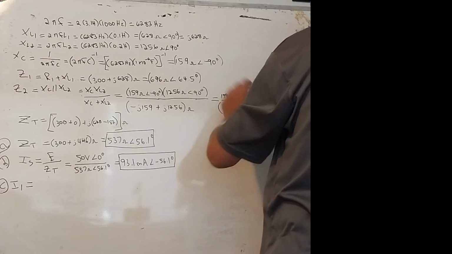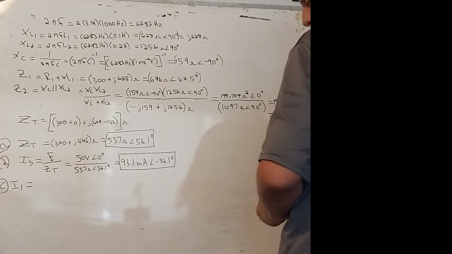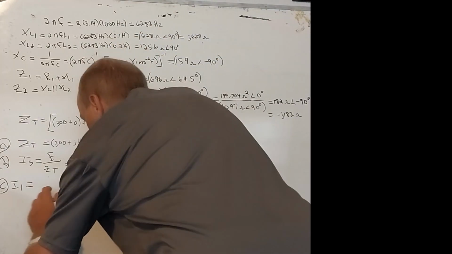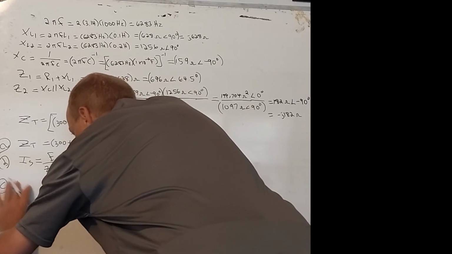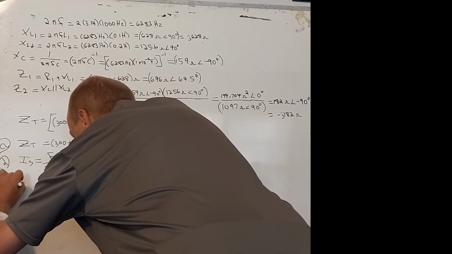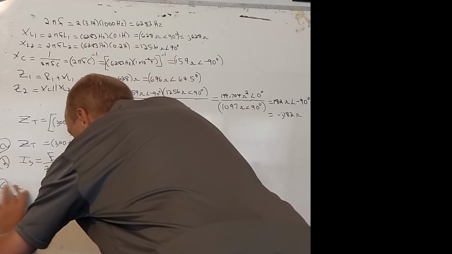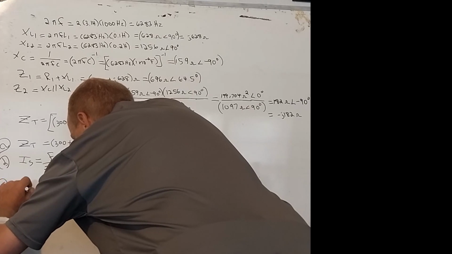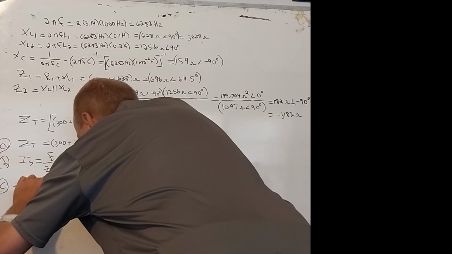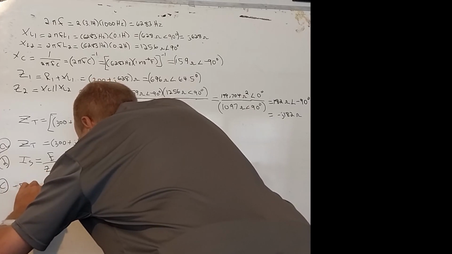So let's do it down here. Let's say that the voltage at Z2 is equal to E times Z2 over Z total.